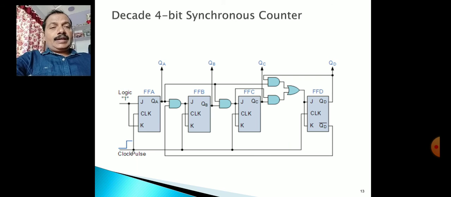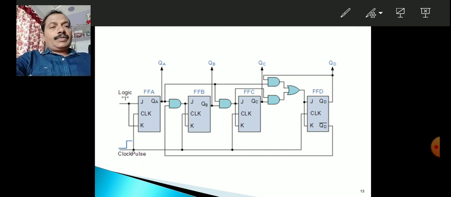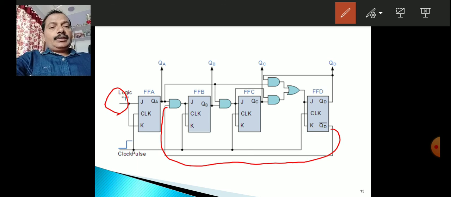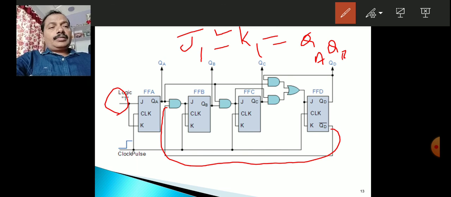Just for understanding I am telling: the first flip-flop JK is connected to logic 1. The second flip-flop JK is connected to Qd bar and Qa. That means J1 equals K1 equals Qa Qd bar. So this is the design equation for the second flip-flop.